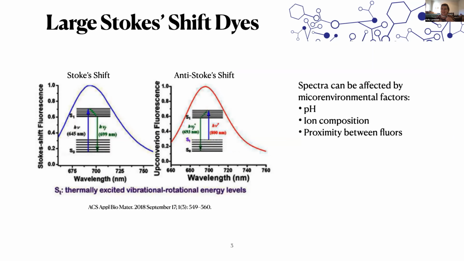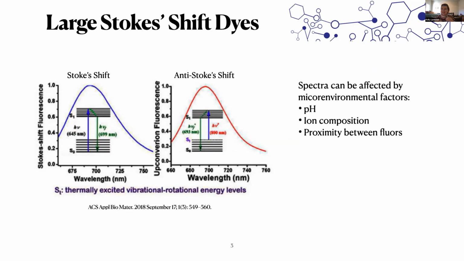So upconverting nanoparticles are one of those where basically you have to have a continuous amount of a lower energy before the particle can reach its proper excitation state. So it actually has the shift: it's a lower energy, higher wavelength excitation versus the lower wavelength, the higher energy emission. And that is the anti-Stokes shift. So I just wanted to bring that up because we are going to touch on upconverting nanoparticles.